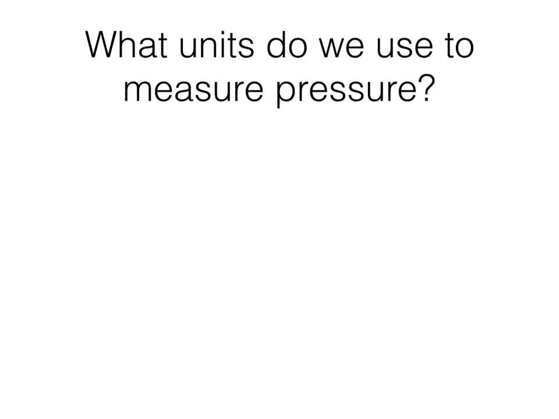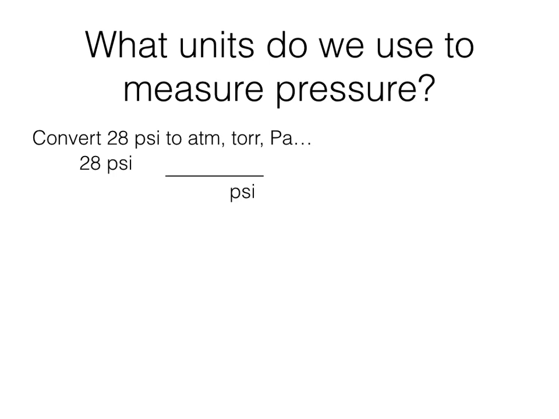So one of the simple things we can do is convert from one unit to another. So let's convert 28 pounds per square inch to atmospheres, torr, and pascals. First of all, 28 psi to atmospheres. Well, 1 atmosphere is 14.69 psi. So set it up as a conversion factor.